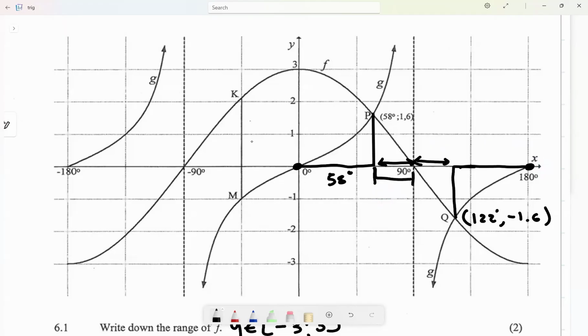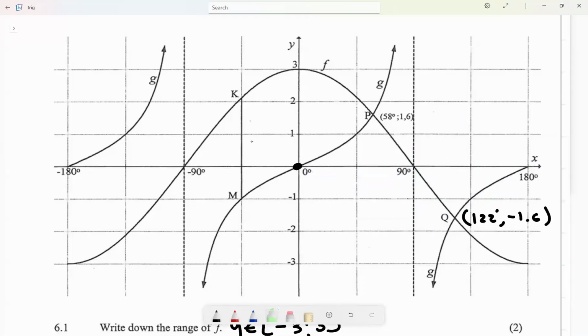It is 90 minus 58, it is 32. So it means here it will also be 32, and from here to there it's just 58. So it's up to you whether you say 90 plus 32, then 90 plus 32 will also give you 122, or you say 180 minus 58. Okay, yes.